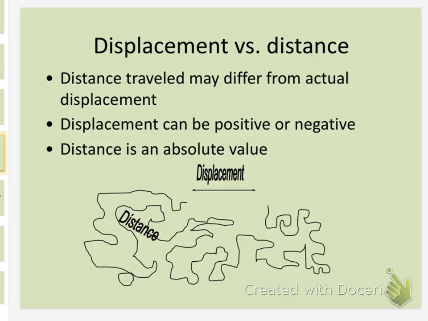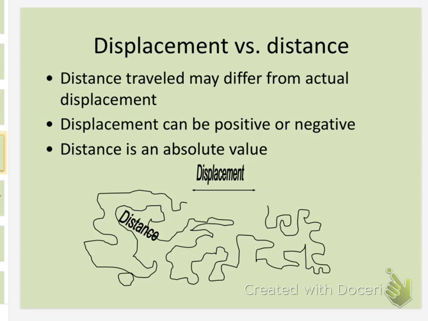Displacement and distance are not the same thing. Distance is an absolute value. We can't roll back the odometer on your car, or on your sneakers. Distance is just absolute. There's no direction to it. Displacement, on the other hand, has a direction, and we most often use sign as a proxy for that direction.